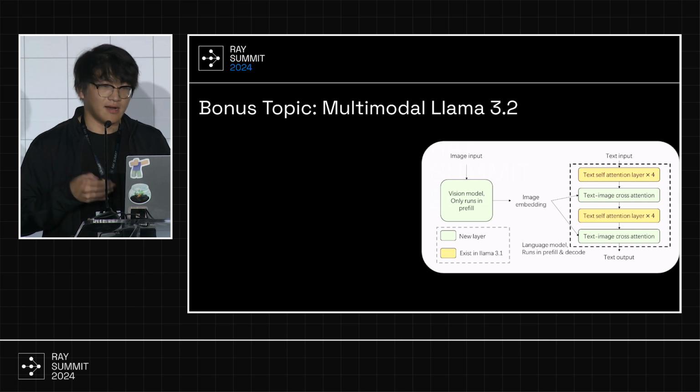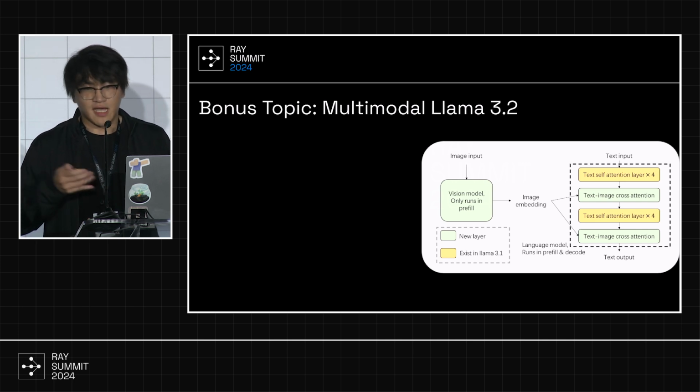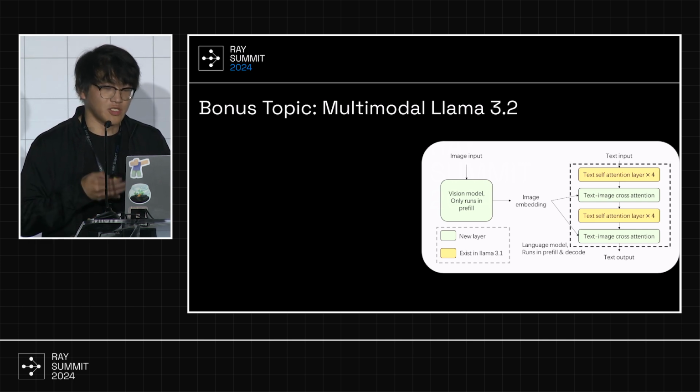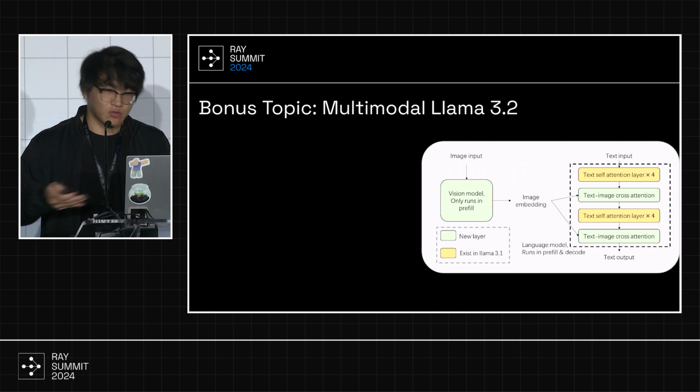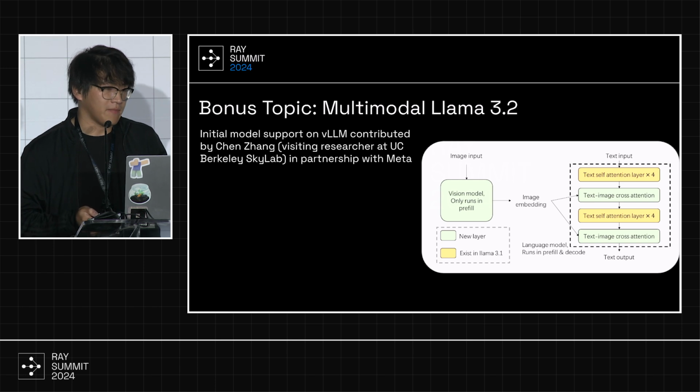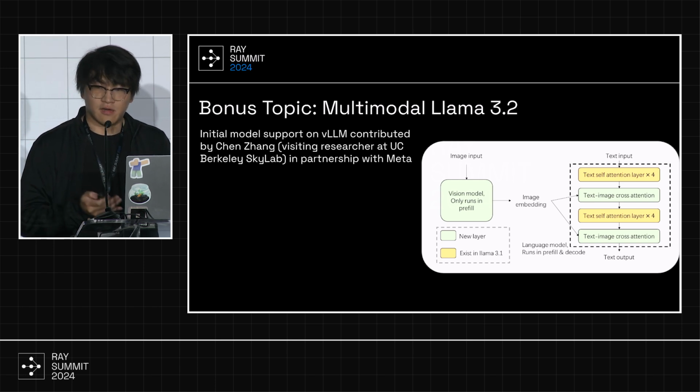Unlike other models that concatenate your image embedding with your text embedding, there are cross-attention layers in the language model itself. And the initial PR for this model was contributed by Chen, who's a visiting researcher at Skylab, in partnership with Meta.